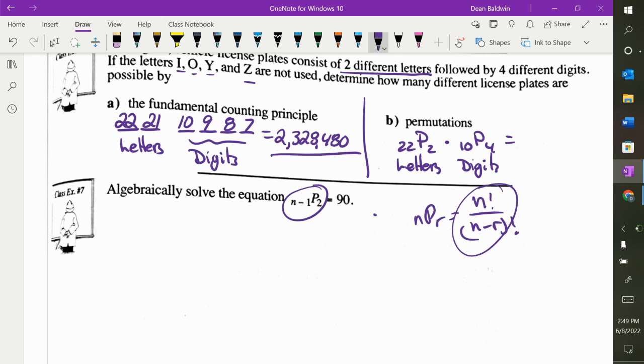Because this is my n value, n minus 1, it becomes n minus 1 factorial over n minus r.